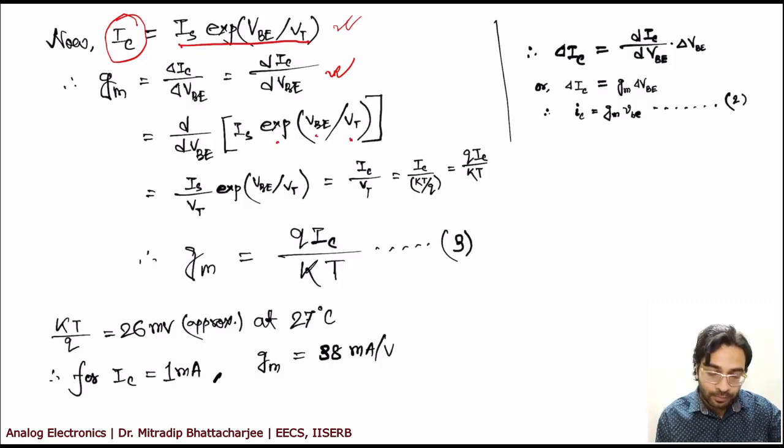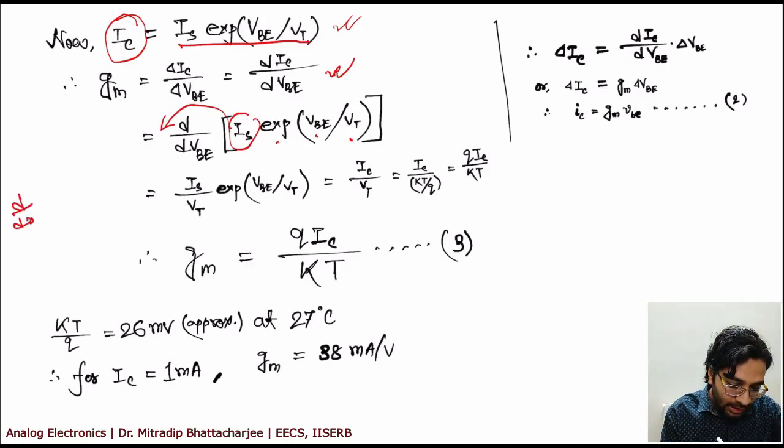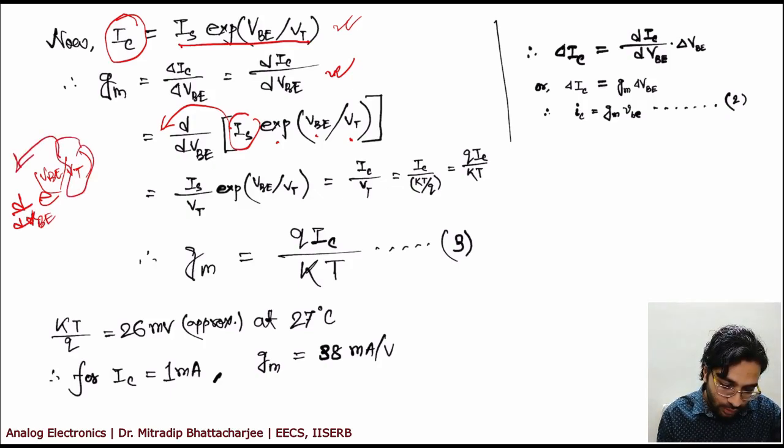Now if you do this derivative, you will find IS is constant, so it will come out, and d by dx of exponential VBE by VT. Here x is VBE, right? So let us write VBE. What will happen? 1 by VT will come out as a constant. So IS by VT, and d by dx of e to the power x is e to the power x.